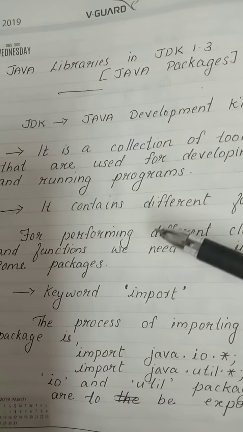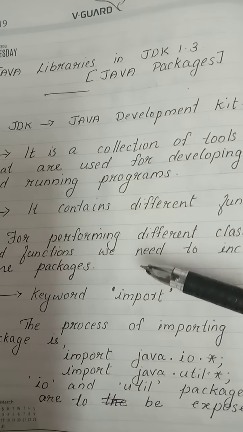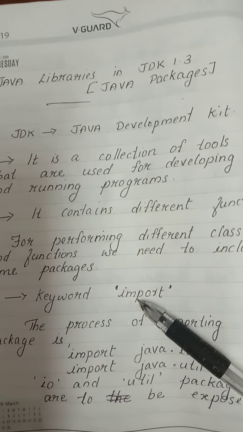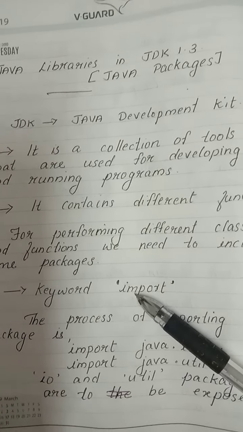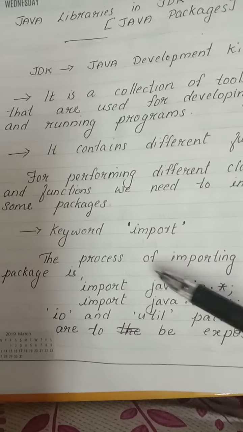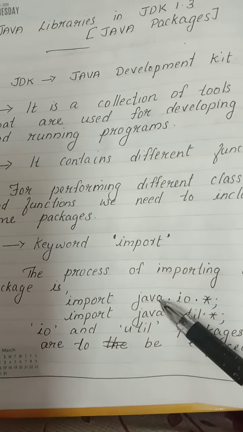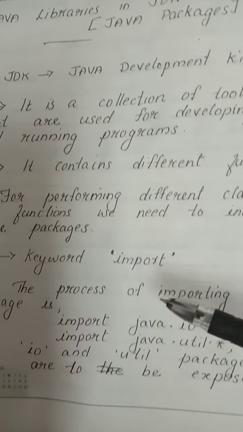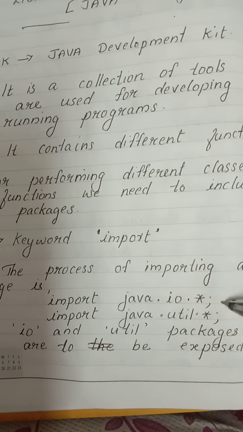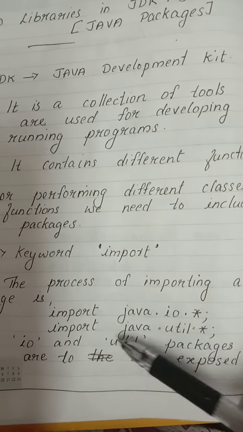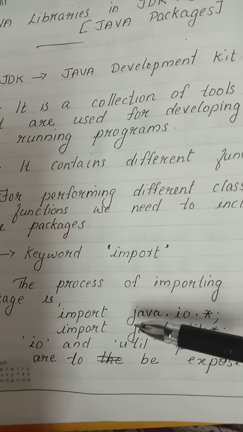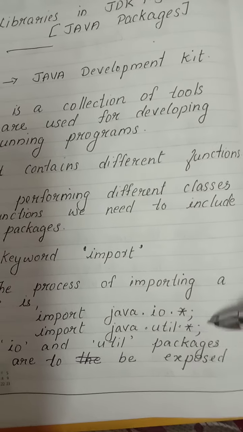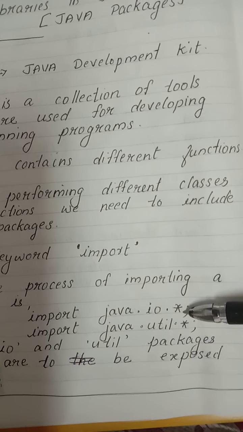The process of including a package uses the keyword import. Import is the keyword used for importing a package in a Java program. For example, import java.io.*; and import java.util.*; IO and util are packages to be exposed for utilization in the program.